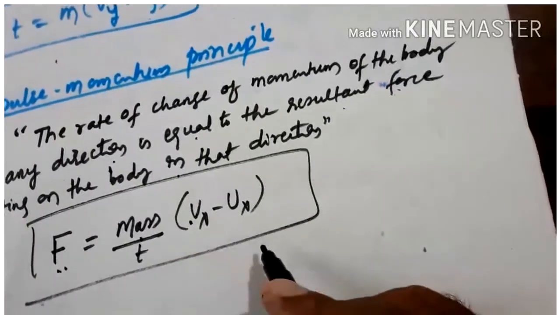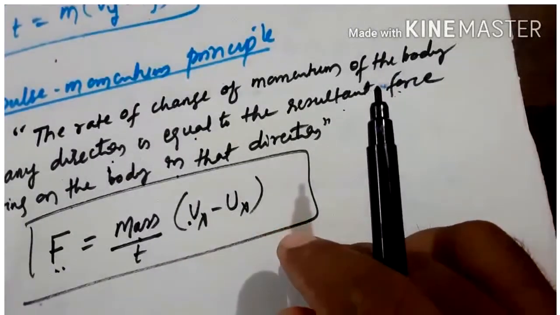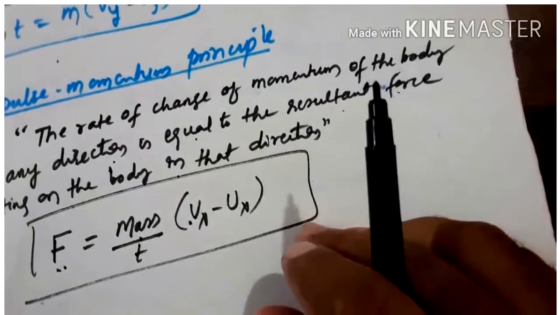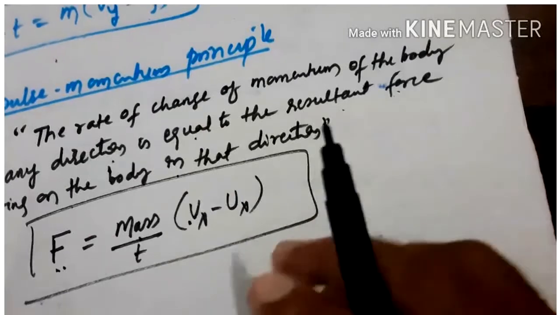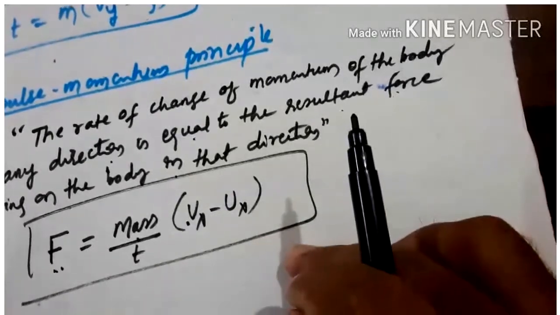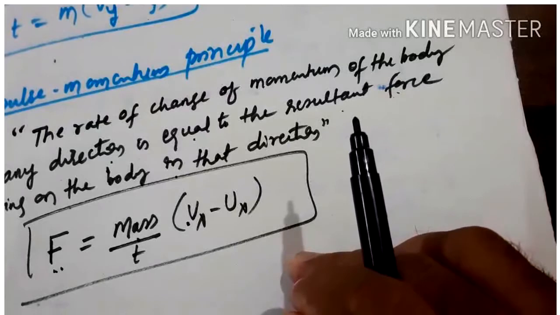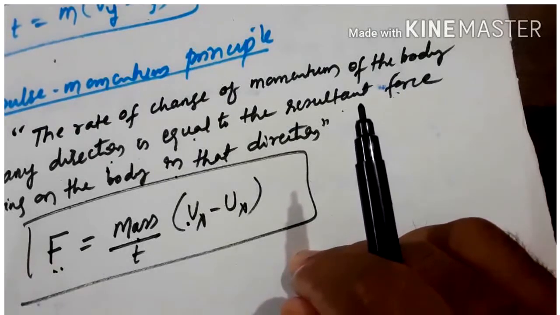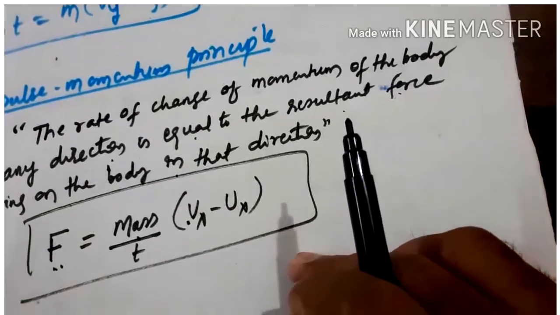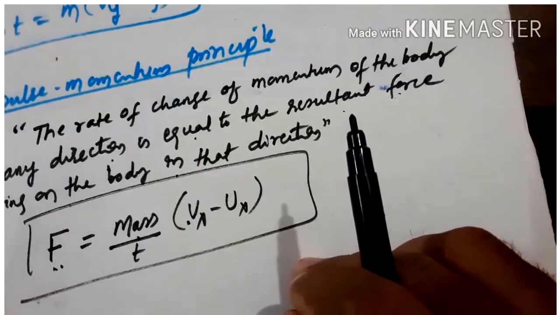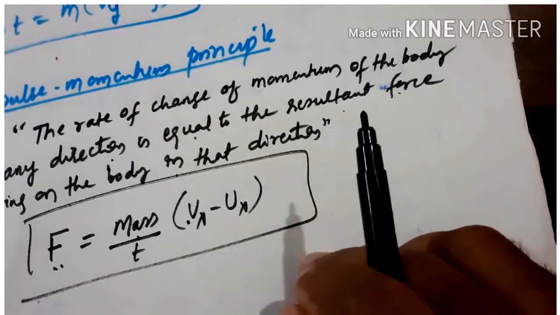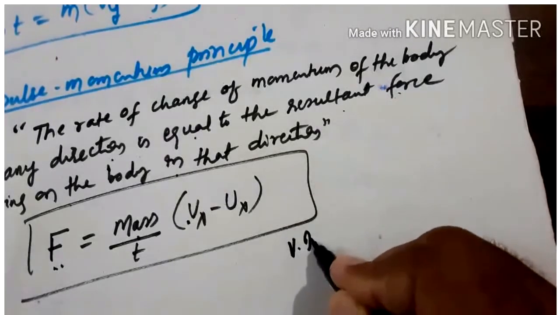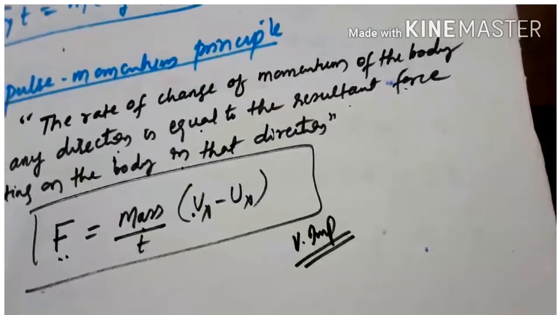This concept can also be used in the determination of force on bends due to change in the flow direction, and it is even used to calculate the losses in a hydraulic jump, or you can call it sequent depths. So there this concept will be used. This is a very important concept for this chapter, the impulse momentum principle.